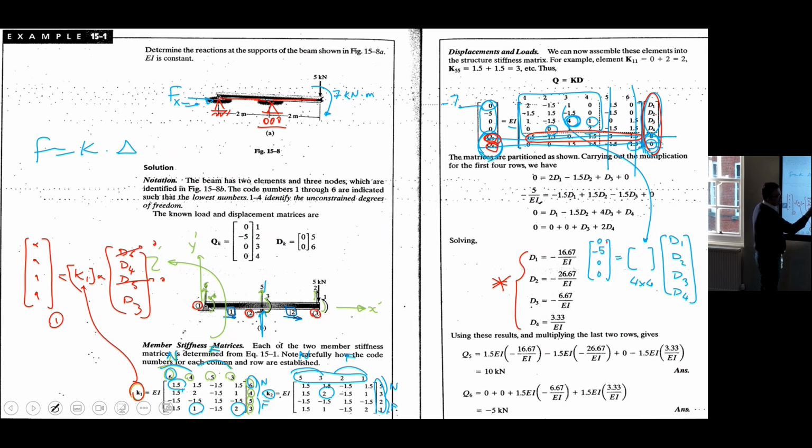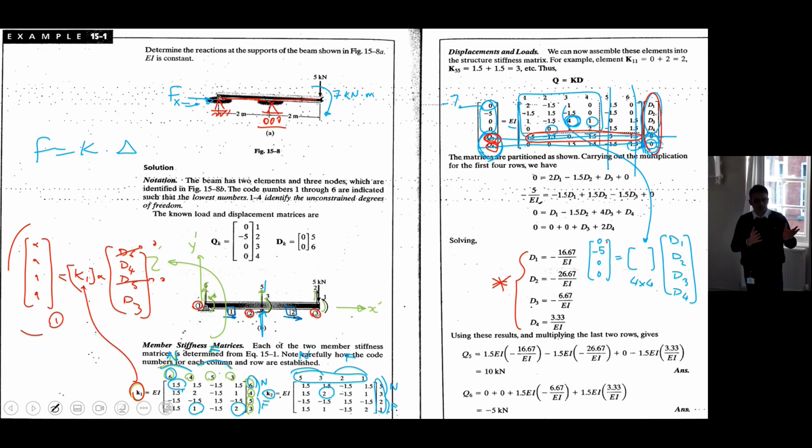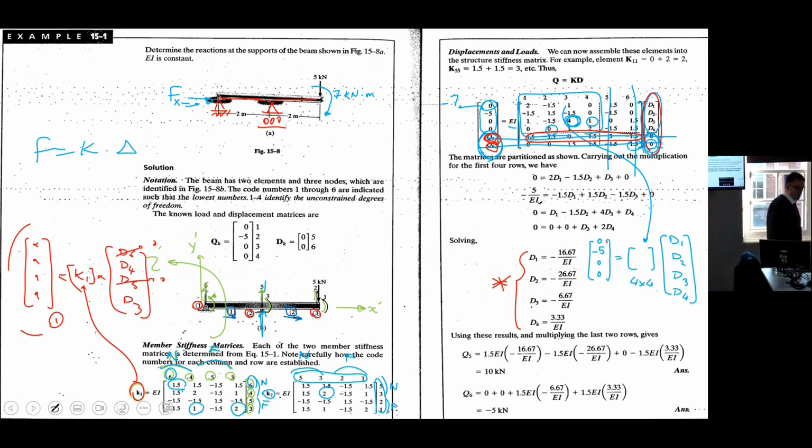You have 3 and 4. Just put it there and multiply it. You will get the forces at both ends of element number 1. Right? It's easy. When you get the unknown displacements, you can use them to calculate what else you want for the structure, like support reactions or element forces at both ends.